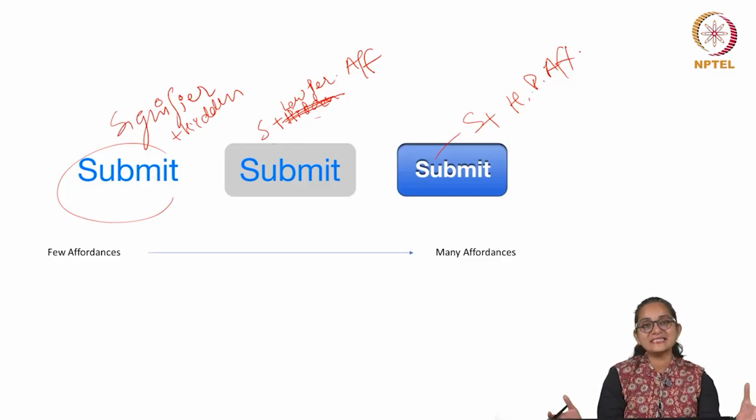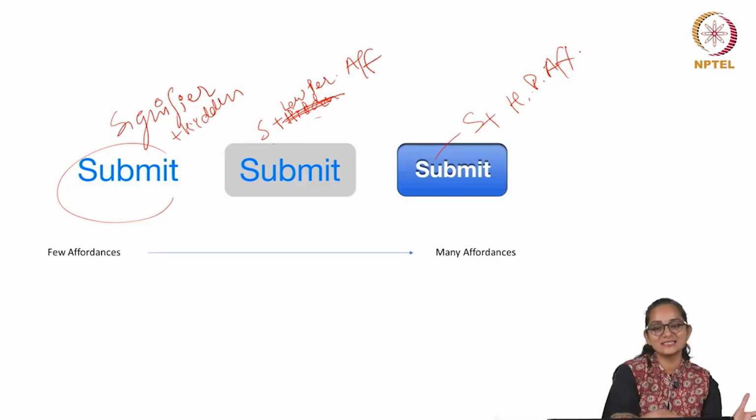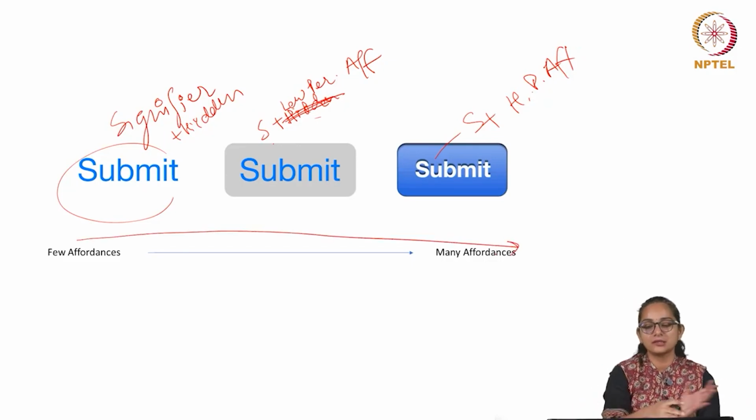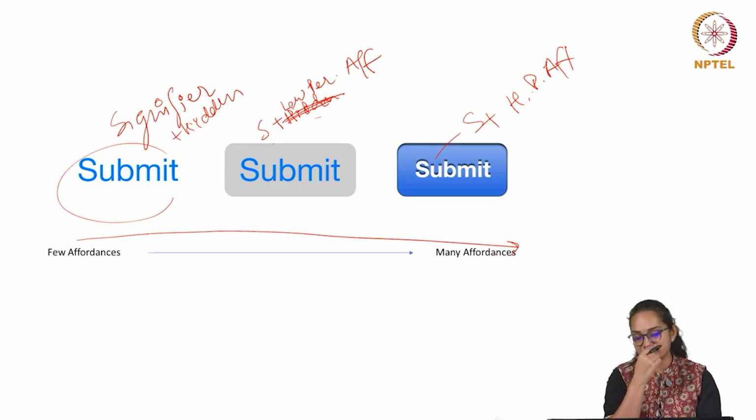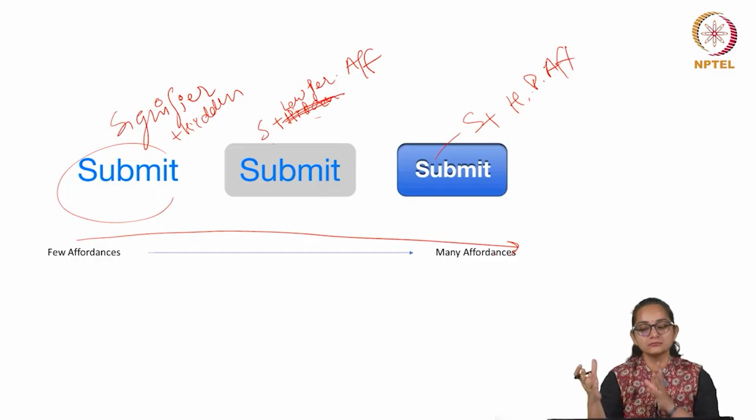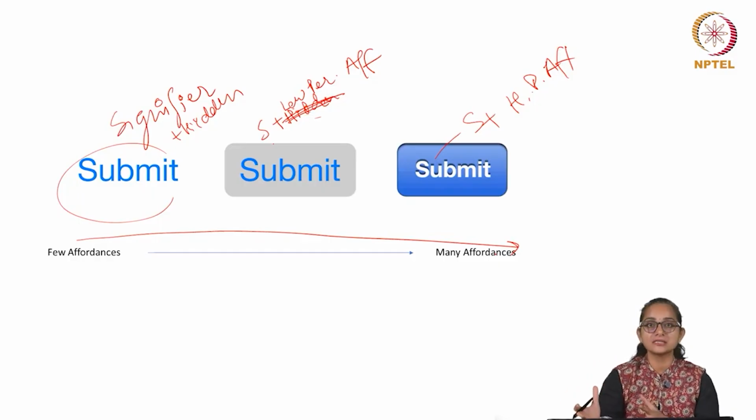So it's basically a scale, right? Few affordances and many affordances. As we move from here to here, it can vary from this to that, but as designers we can take a call where it needs to be a lot of affordances if it is a necessary top priority action in your interface.